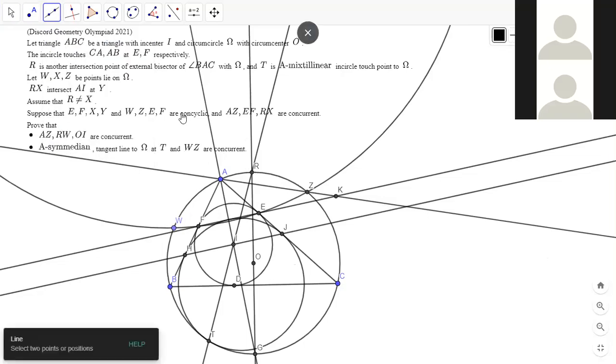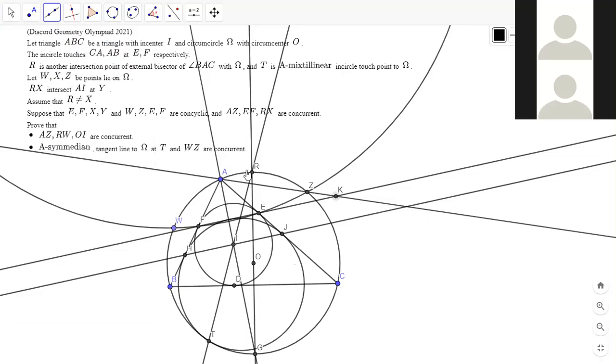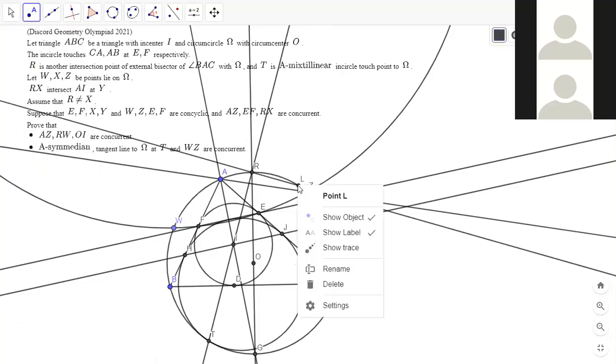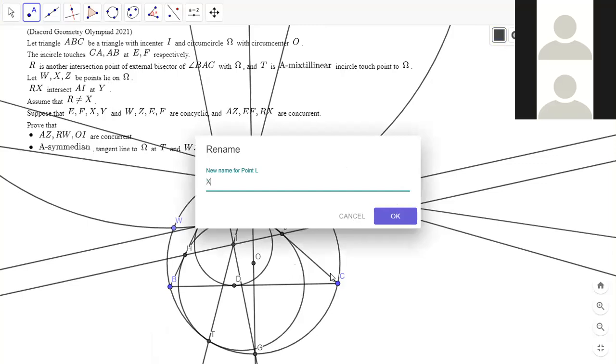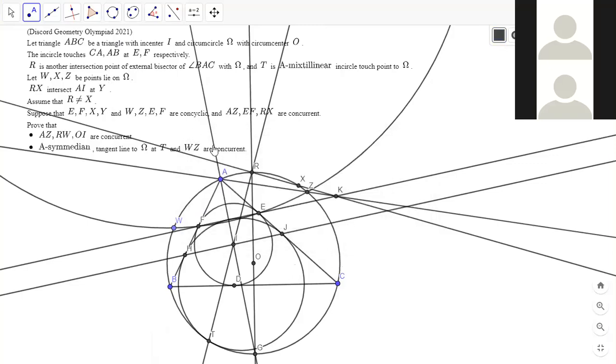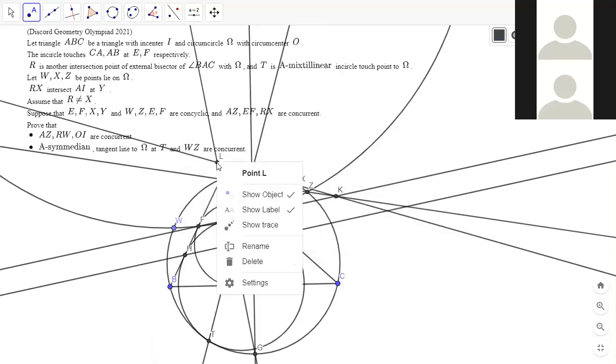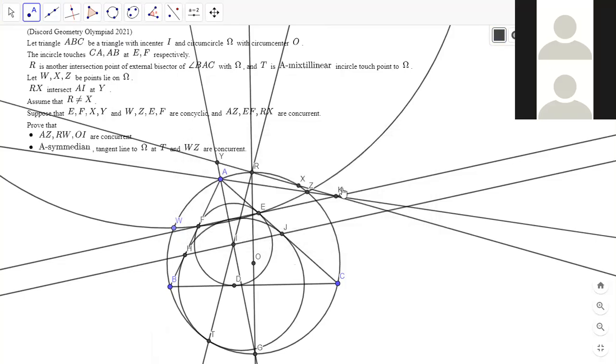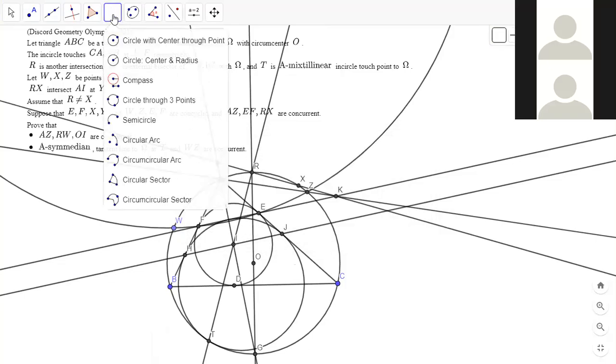So I'll draw the line KR, and it intersects the circle at X, and it intersects AI at Y. And we want EF, X, and Y to be cyclic.